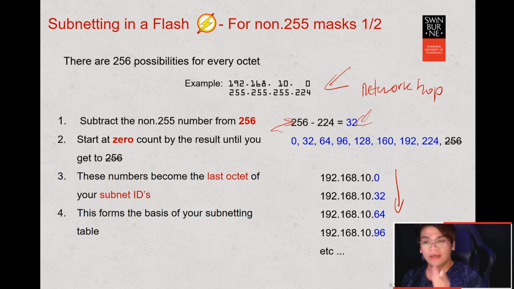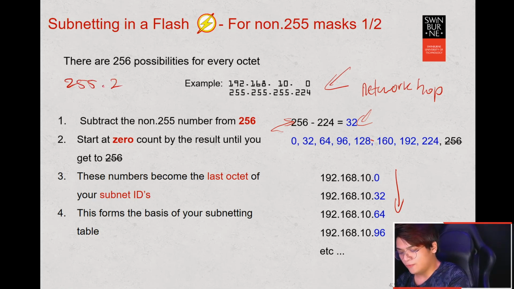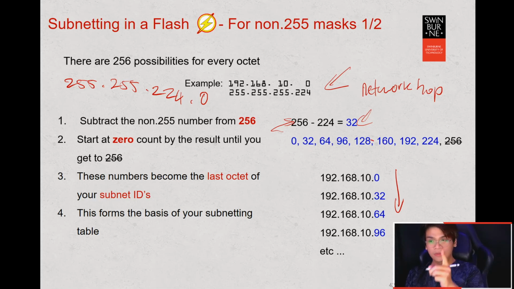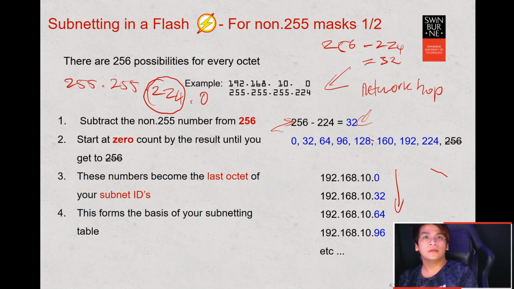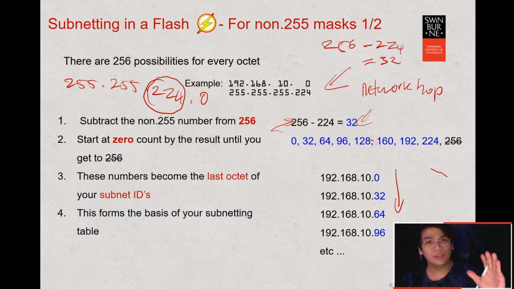What if it happened like this? 255.255.224.0. It ends at the third octet. Same thing, 256 minus 224 equals 32. The network hop is 32.